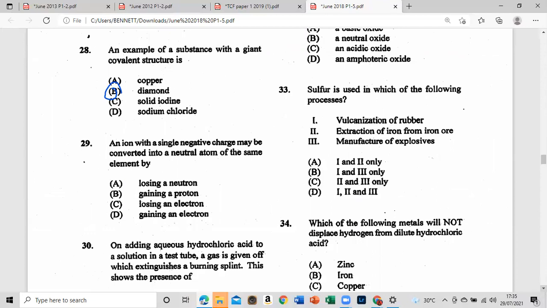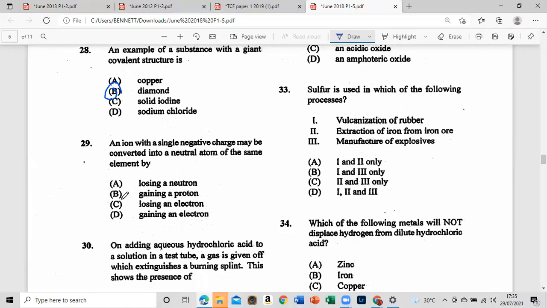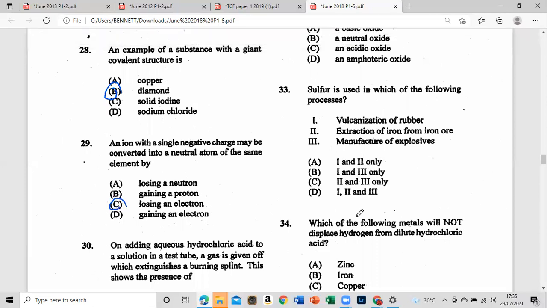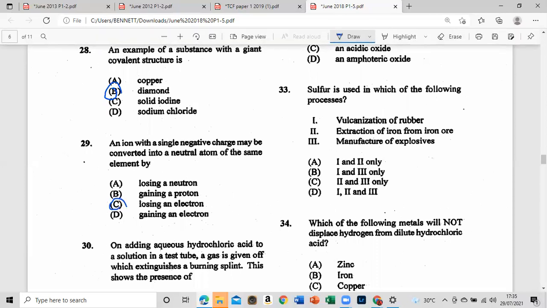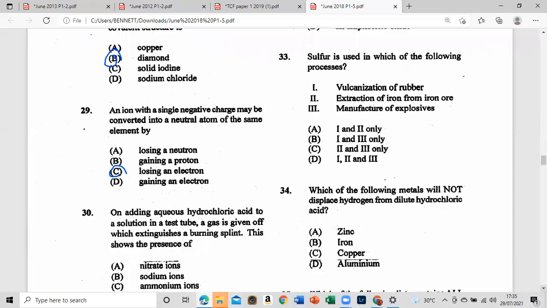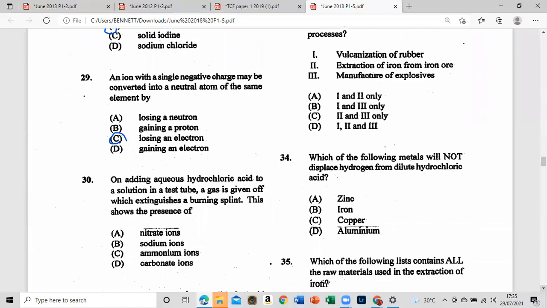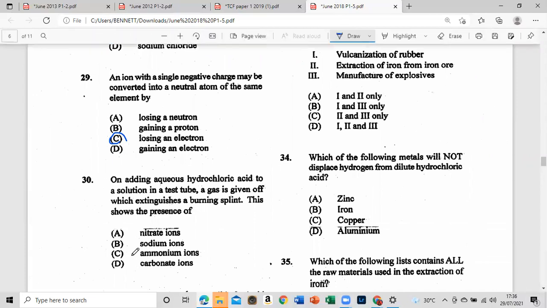And 29 is losing an electron, which is C. Number 30, on adding aqueous hydrochloric acid to a solution in a test tube, a gas is given off which extinguishes a burning splint. This shows the presence of, is it nitrate ions, sodium ions, ammonium ions, or carbonate ions? 30 is the carbonate ions.